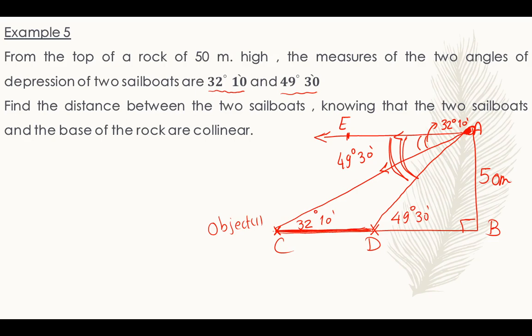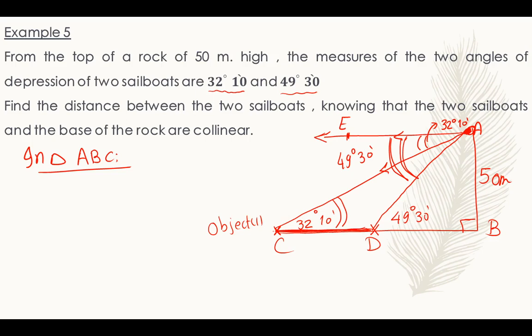Here we are going to use triangle ABC, the largest right triangle. Here we have this angle, we know the opposite side, which is AB, and we want to find the adjacent side, which is BC.